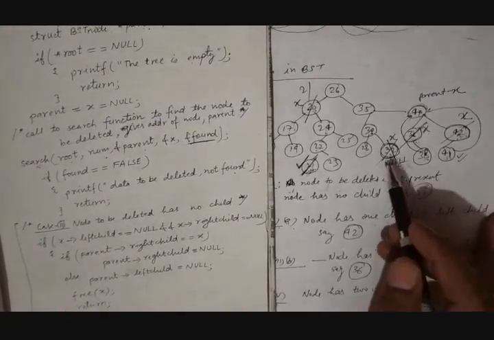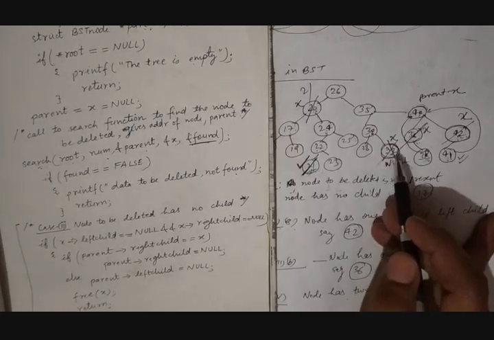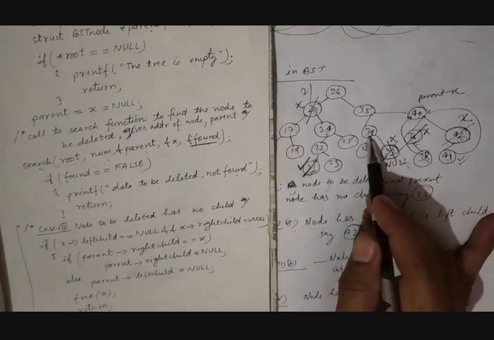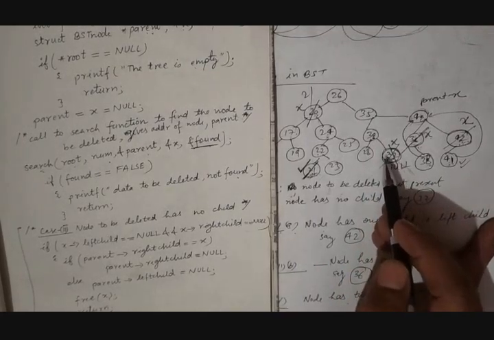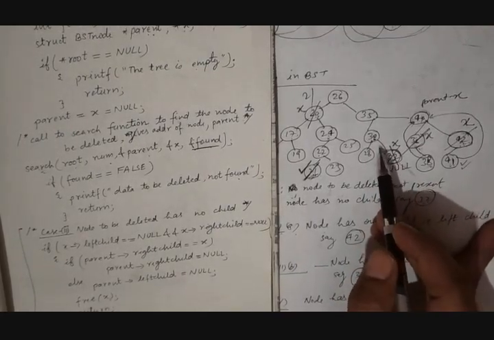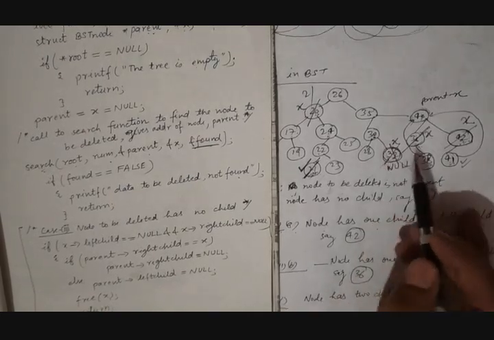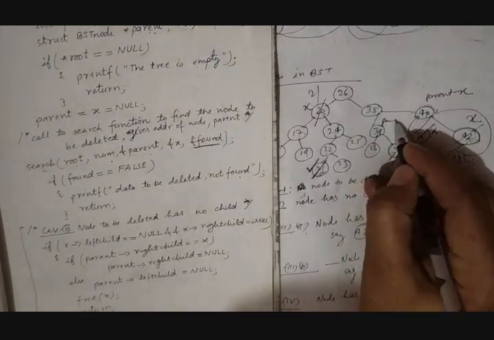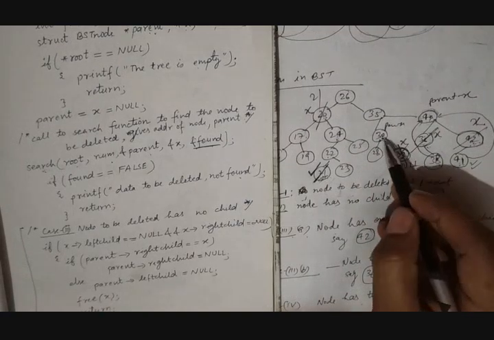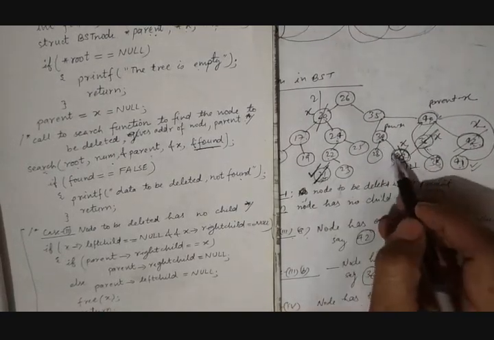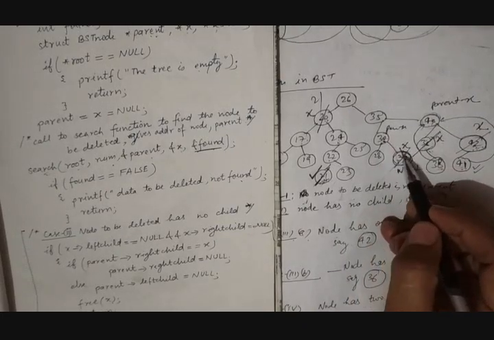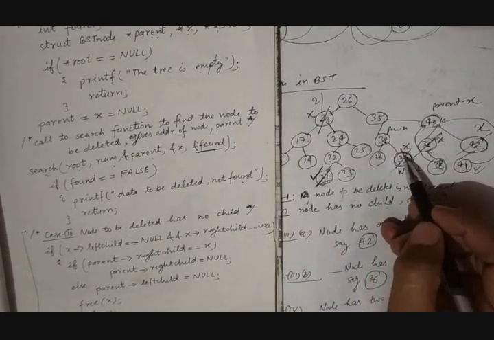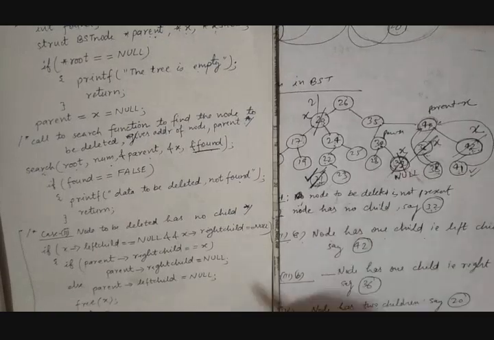But one thing, we have to check whether this node is a right child or left child of its parent. Why do we want to check it? Because at that time we have also set that parameter. This is X, so this is the parent of X. Since X is the right child of the parent of X, and we want to delete this, definitely the right child of the parent of X should be set to null. That is why we want to check it.